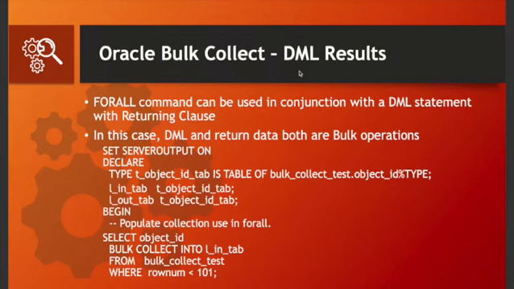In DML results, the returning clause is used to return specific columns from rows manipulated by DML statements. When DML statements manipulate multiple rows, the data returned can be loaded into a collection using a bulk operation.